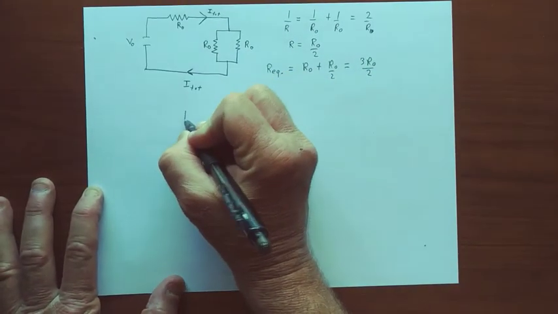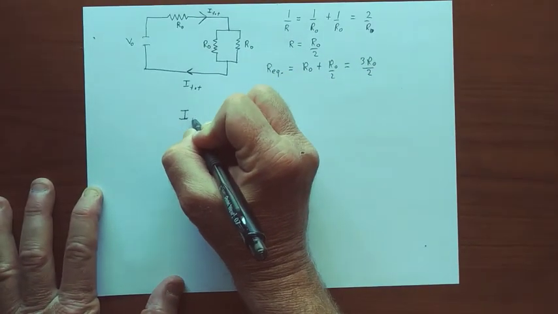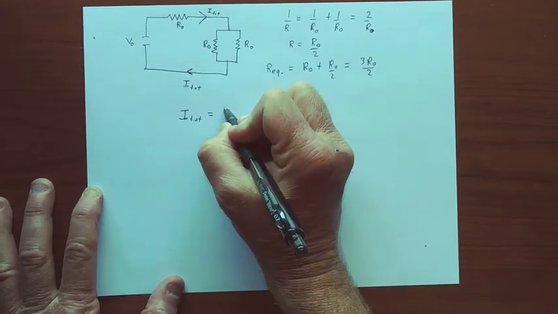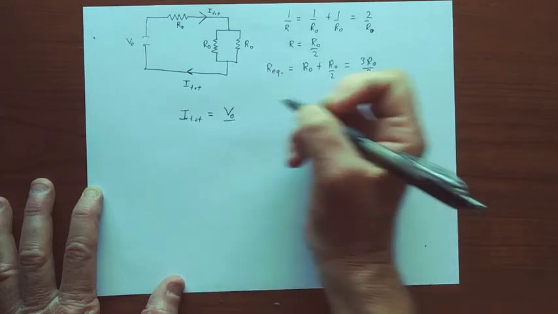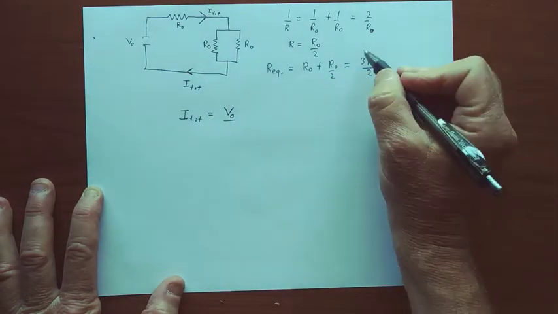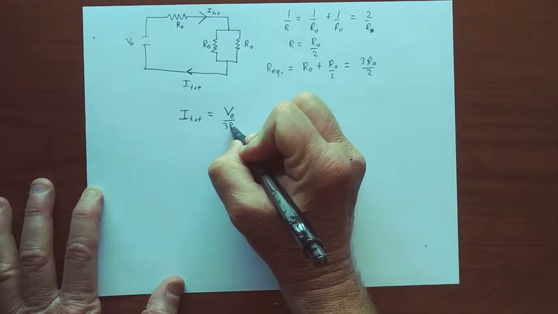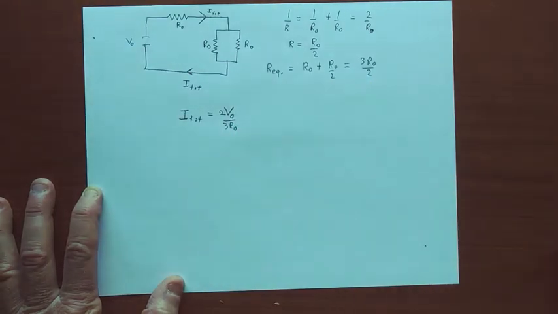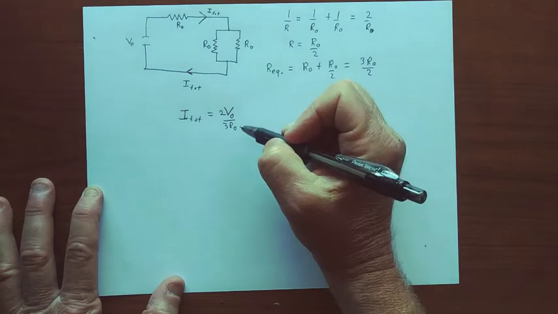So if Ohm's law is obeyed, which we assume, then we get V naught over the equivalent resistance of the circuit, which is 3 R naught over 2. And so that's the total current. And now we're going to break this up into 2 here.